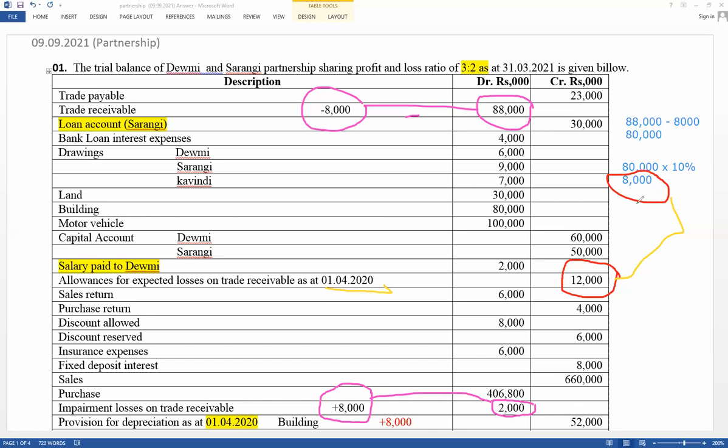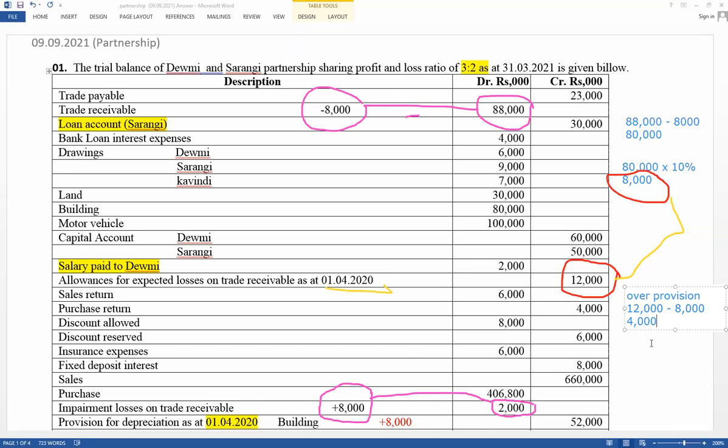Therefore, here over provision available 4,000. Therefore, over provision should be included under distribution expense. Over provision equals the difference, 12,000 minus 8,000. Think over provision equal 4,000. That value should be included within brackets under distribution expense.